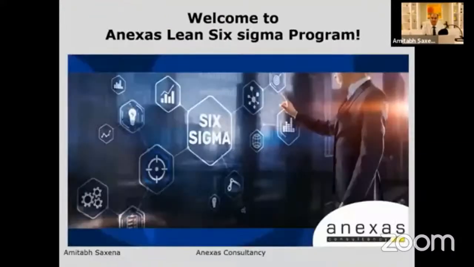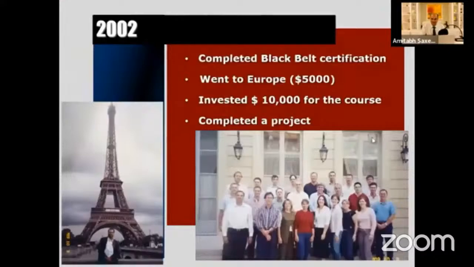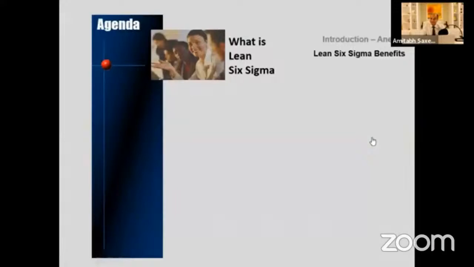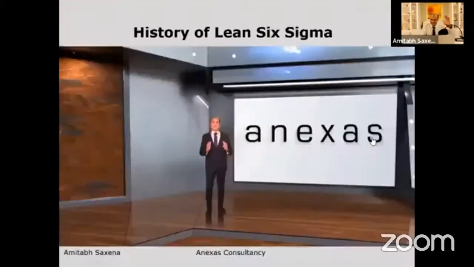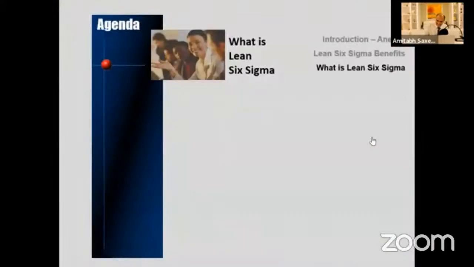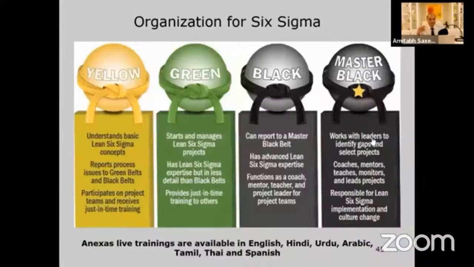Sorry, I'm just taking you back a little bit, for those who joined a little late and missed some of the slides. Who are yellow belt, green belt, black belts, and master black belt? Yellow belts are the ones who are exposed to the basic understanding of what is Lean and Six Sigma.